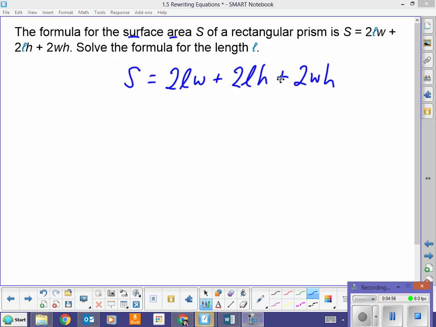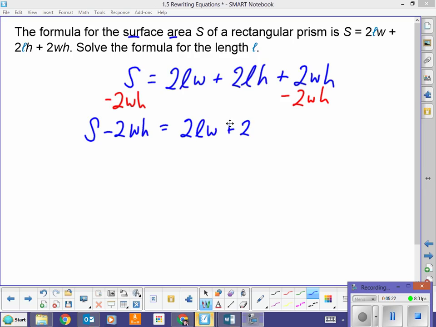So I'm going to subtract this out from both sides. So I have S minus 2WH is equal to 2LW plus 2LH.